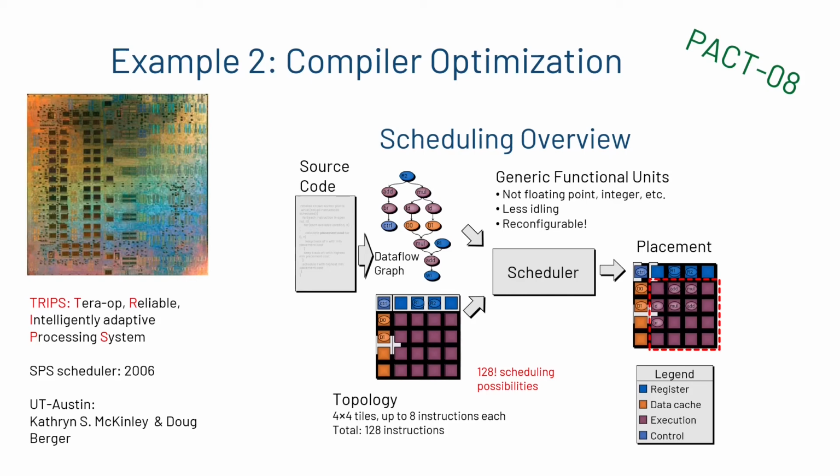Instead of directly learning the scheduler, we learned a heuristic, so that we could analyze the different instructions in the data flow graph and come up with a heuristic which the scheduler could then use to help figure out what to place where.